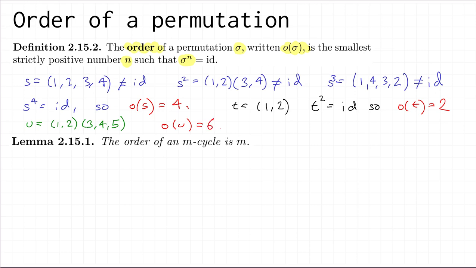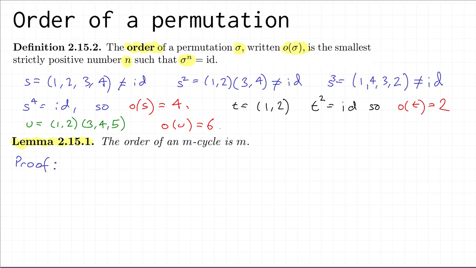Okay, we're able to give a general formula for the order of an M cycle, which I've written in the middle of the slide here. So what I'm claiming is that the order of an M cycle, any M cycle, is equal to M. So let's give a proof of this result about the order of an M cycle.